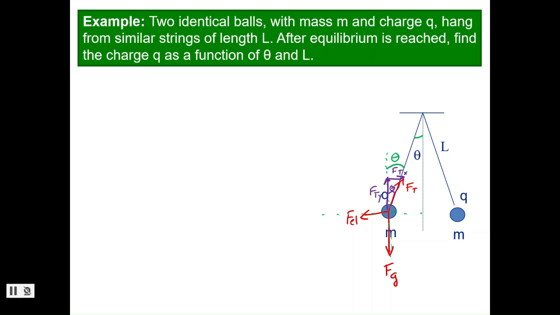You may have worked problems where your teacher used just a capital T for tension. I occasionally did that, but capital T also stands for period. It stands for Teslas in electricity and magnetism. So I usually use all of my forces with a capital F and then a subscript telling me what it is.